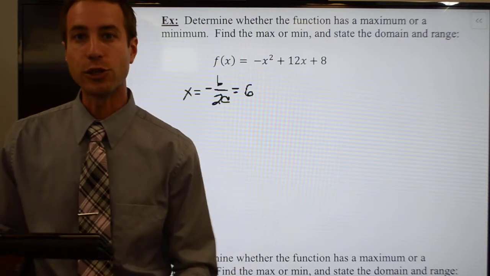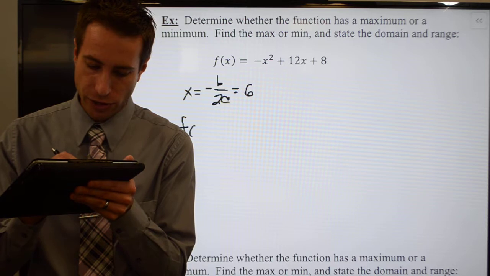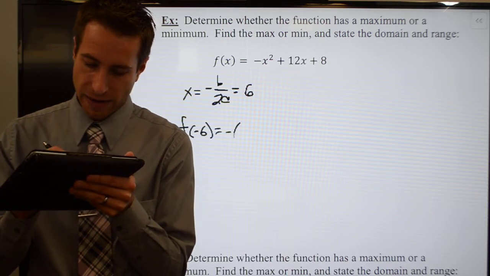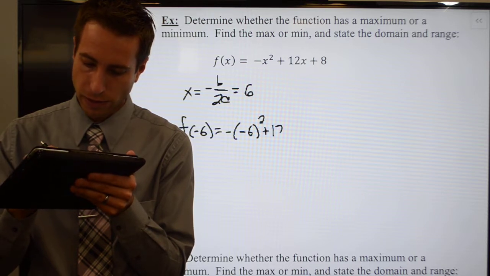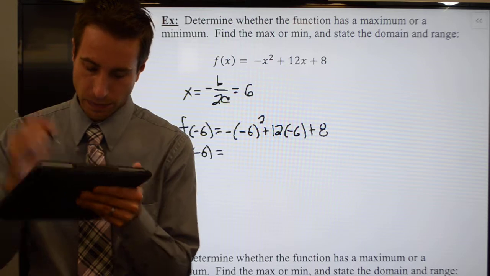Okay, now what we do in order to find the vertex is we plug that into our function. So I would have negative 6 squared plus 12 times a negative 6 plus 8. Let's see here.